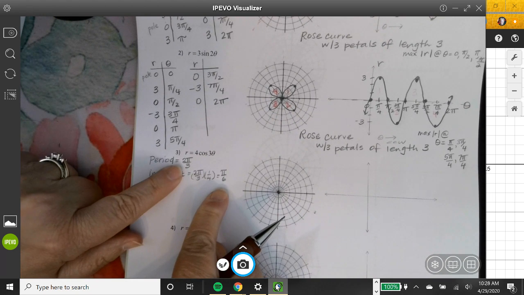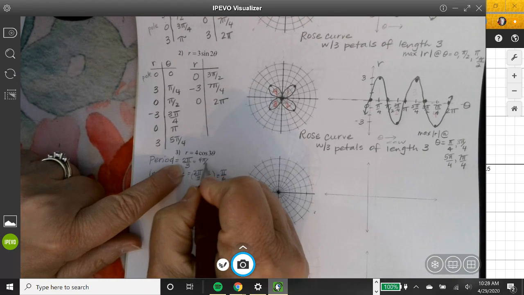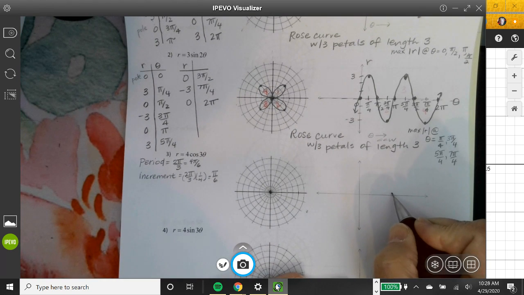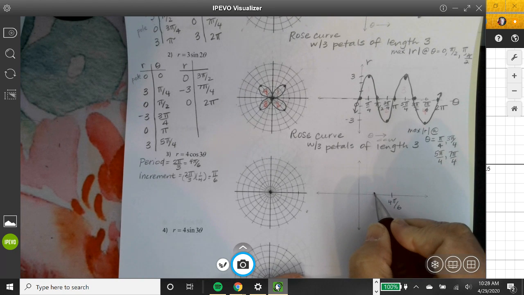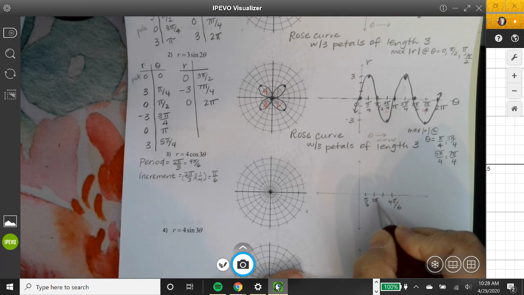And since these are different values here in the denominator, I'm going to find a common denominator here, and this is going to equal 4 pi over 6. And so my period is 4 pi over 6. And I'm not going to reduce here until we get to the graph part, okay? And so my increments are in pi over 6. So pi over 6, 2 pi over 6, 3 pi over 6.